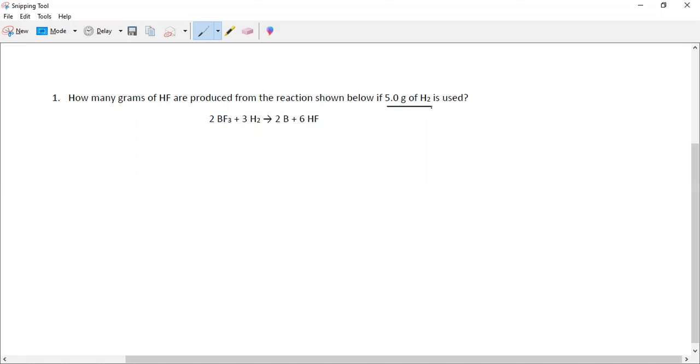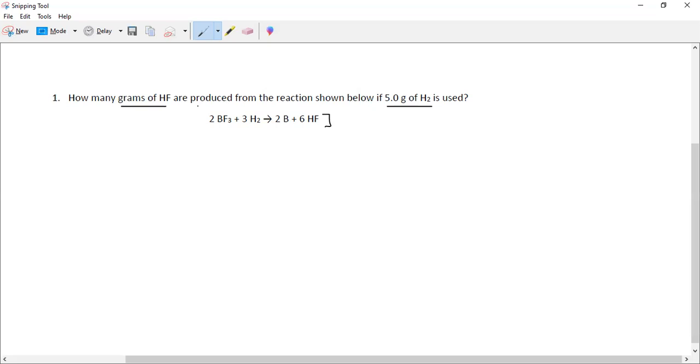If it were just hydrogen, then we're just talking about a particular element. But since there's a subscript of 2, that implies we're working with 2 hydrogen atoms making it a gas. So it's hydrogen gas. So it's asking us, from the reaction shown below, which is this reaction here, if 5 grams of hydrogen gas is used, how many grams of hydrogen fluoride are produced?